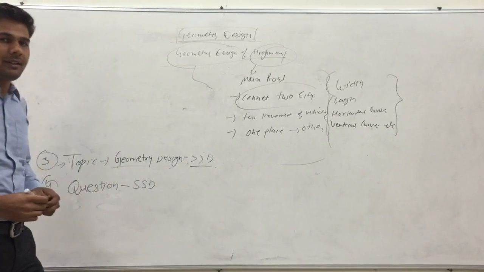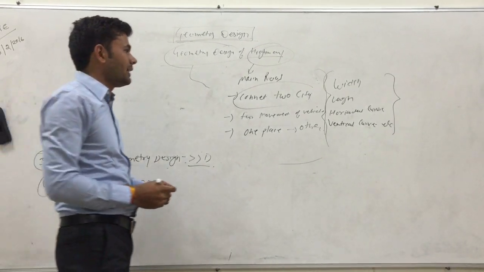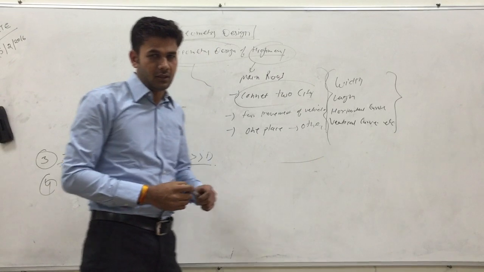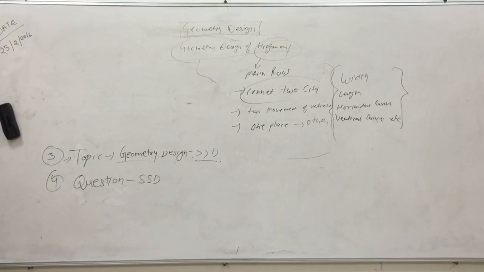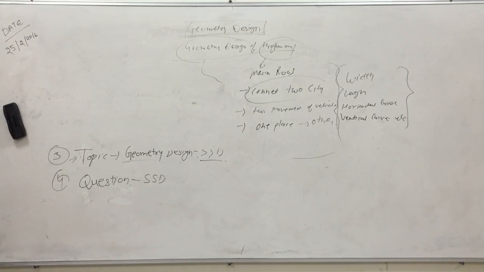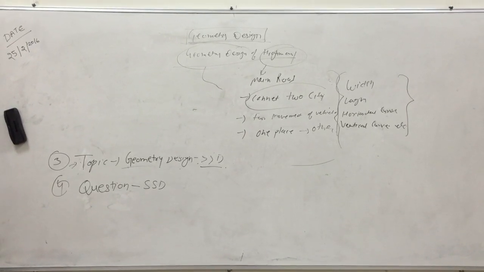We can say that geometric design is the art of designing the elements of a highway. So in geometric design, we have to design the cross section of the elements, sight distance, and horizontal and vertical alignment.